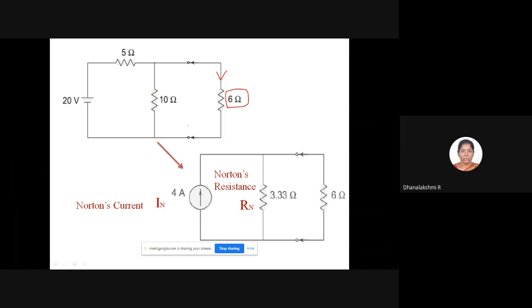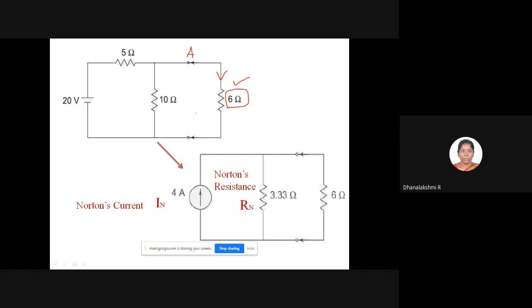With the help of Norton's theorem, we want to find the current flowing in this 6 ohm branch. When there is a branch or element where we want to find the current or voltage, we consider it as the load element or load branch. So here I am taking the 6 ohm as my load resistor. Once I identify the load branch, I have to mark the terminals there.